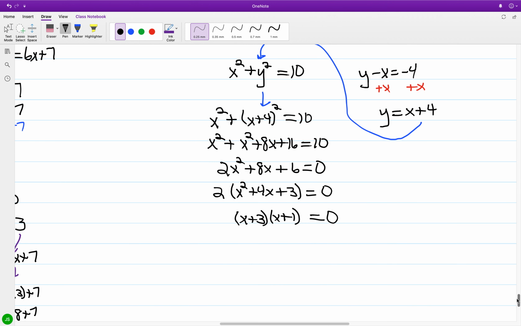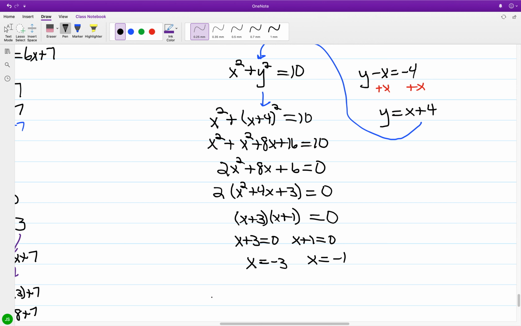If I set each of the factors equal to 0, if x plus 3 is equal to 0, I have x equal to negative 3. And if x plus 1 is equal to 0, I have x equal to negative 1.